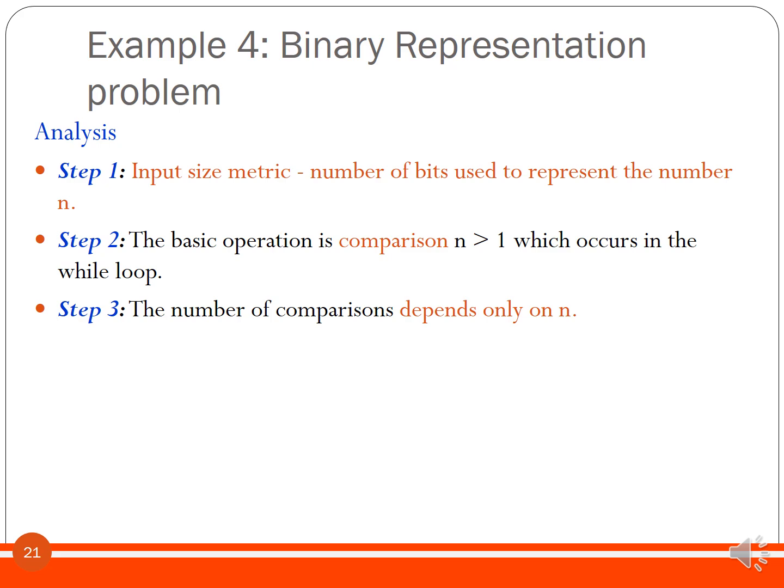Analysis. The input size is measured using the number of bits. The basic operation is the comparison n greater than 1. Since the value of n is divided by 2 during each iteration, the number of iterations depends only on the size of n.